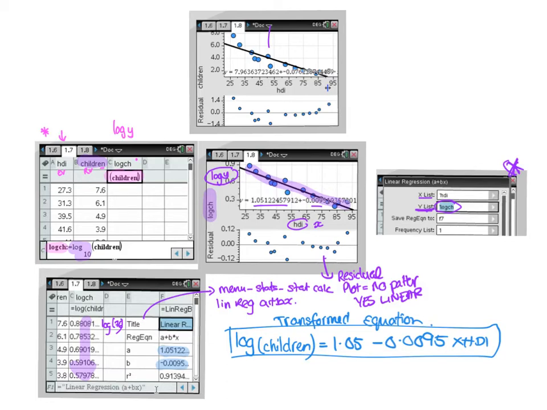When we do a few and we want to know which one's the best, what we will be looking at is the R squared value, and this one's R squared was 0.91. So if you want to compare, you compare all the transformed R squared values, and whichever's higher is better.